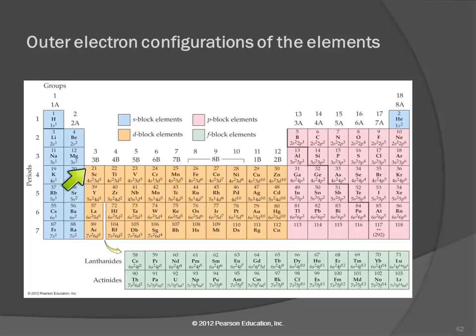Then when we go to scandium, we add 1 into the D, and titanium adds another 1 into D, and vanadium and chromium. So you can think of this as just building up, and that actually shows you the order. There are slides coming up that are going to state this as well.